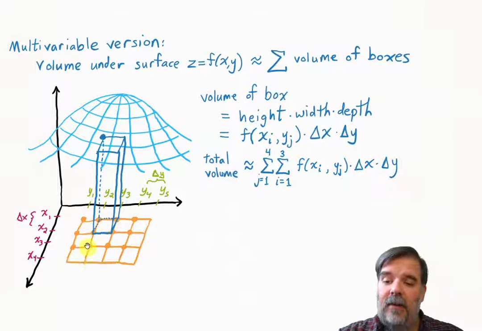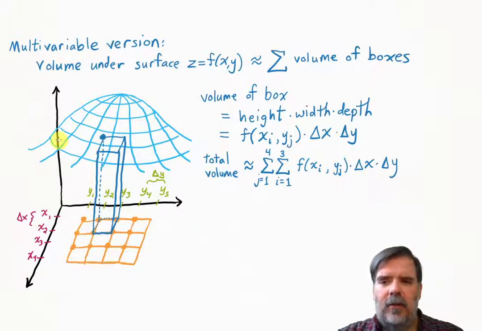And you'll divide that rectangular region into a set of little rectangles. You'll partition the x-axis, but also partition the y-axis. And each pair of x y values will give you a point to plug into the function, and at that point it'll give you the height of the box.